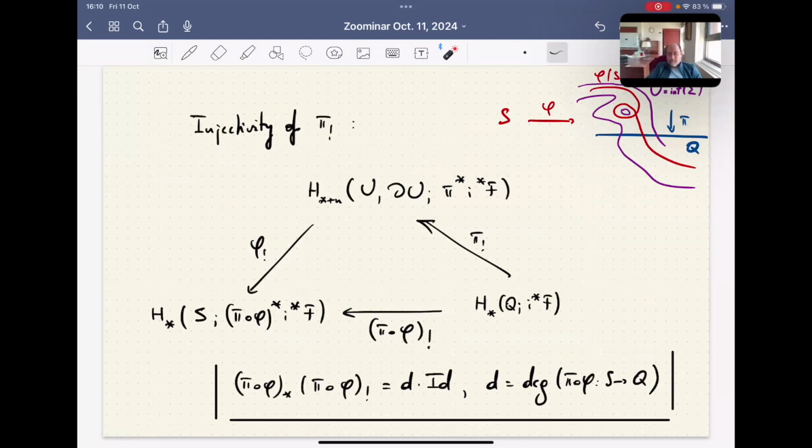We can see that in the diagram that comes right after. I drew it a bit differently. It's about a miraculous property of Umkehr maps. If I have Umkehr maps between manifolds of the same dimension, Q and S, there's this wonderful property that the direct map composed with the Umkehr map is D times the identity, where D is the degree. And this happens with differential graded coefficients as well. And we proved it.